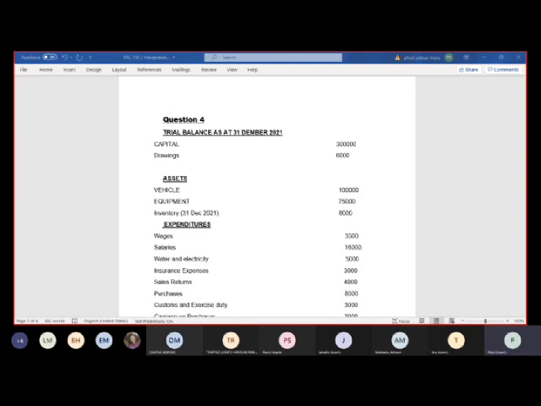The reason why I'm seeking this profit is because I need to complete my statement of changes in equity. So I'm just going to put my net profit there. Remember that forms part of your equity, which is 304,590. And then you're done with this.